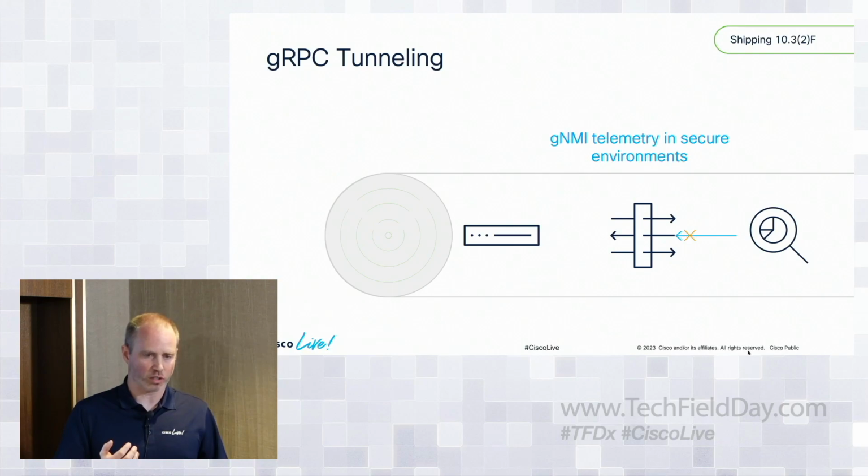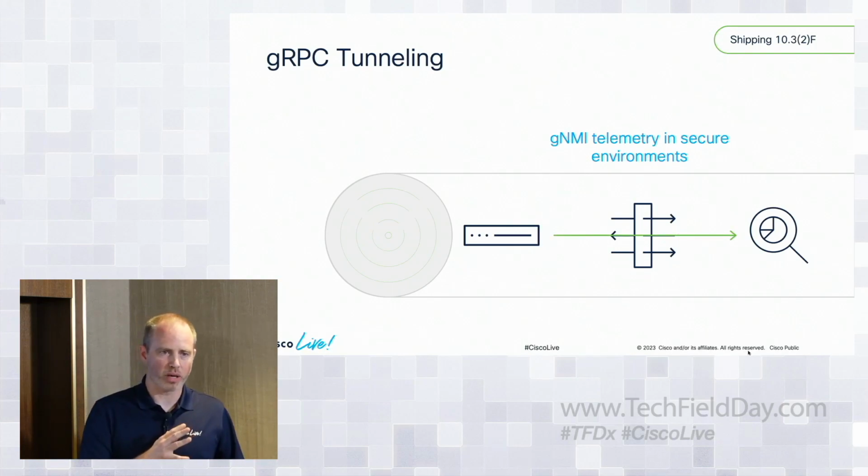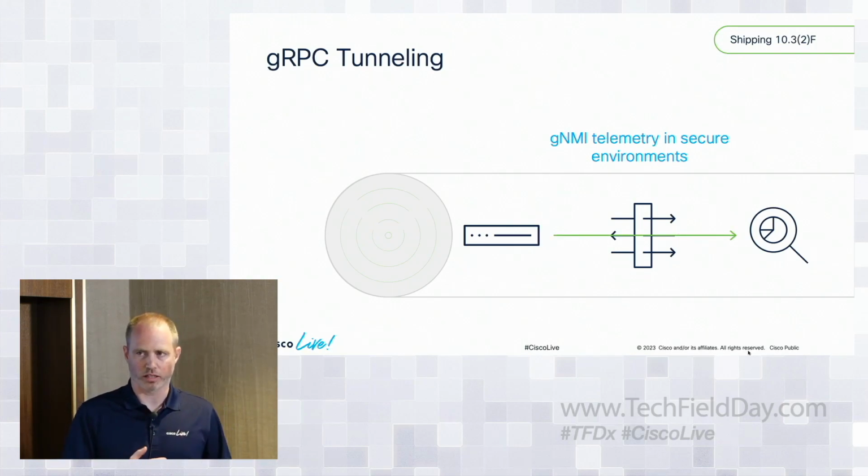So with gRPC tunneling, it's almost the best of both worlds of the dial-out and the dial-in telemetry. The switch initiates the connection outbound through the firewall. So opening that port outbound is an awful lot easier.